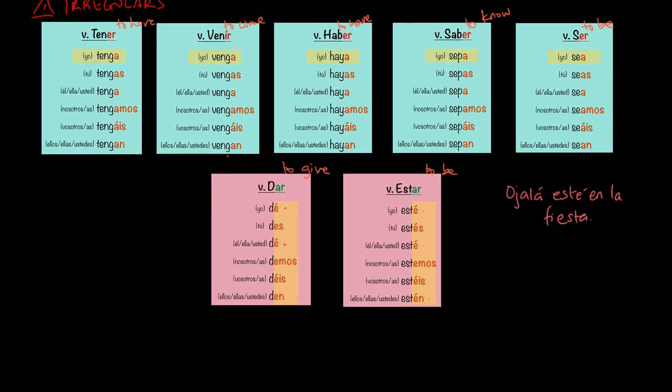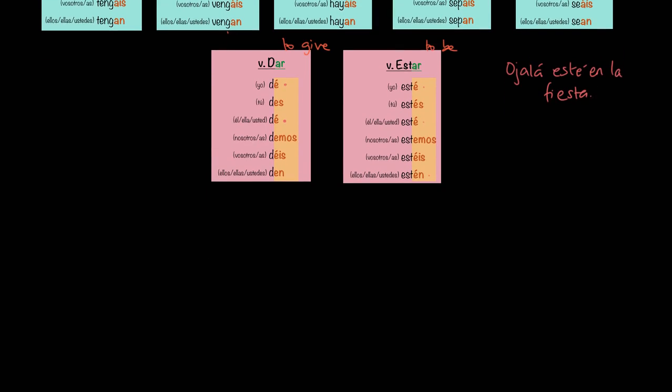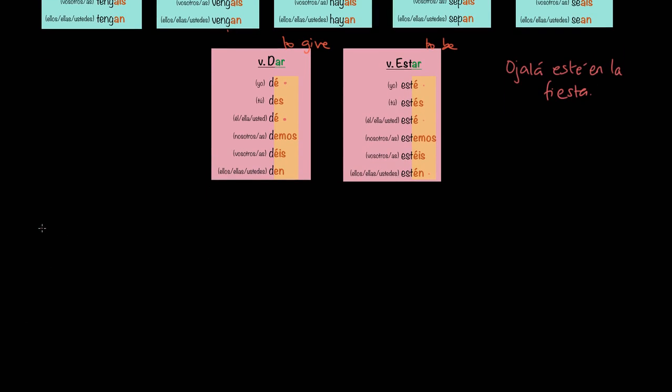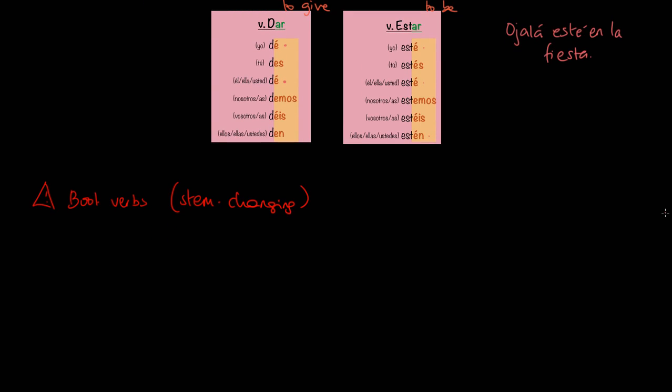And then the second thing that you need to bear in mind is about boot verbs, or stem changing verbs. If you remember, these were verbs like cerrar, to close.